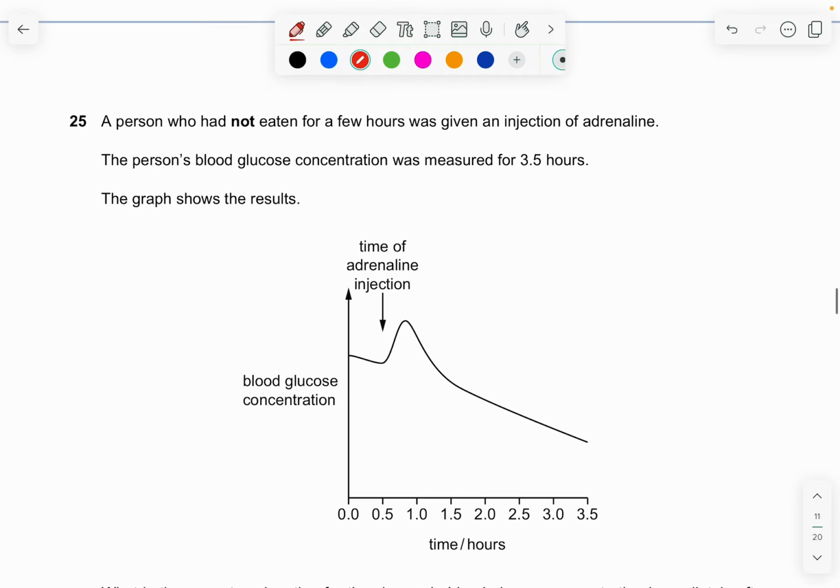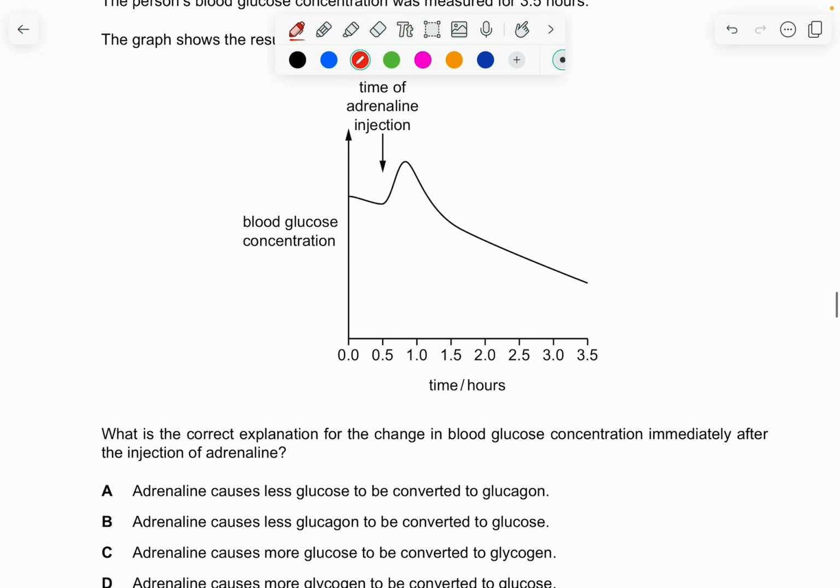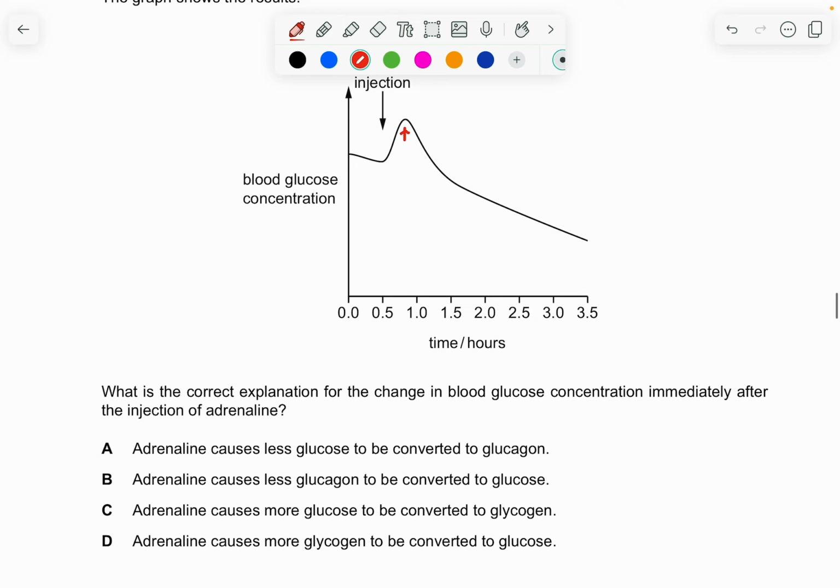Okay. Question 25. A person who had not eaten for a few hours was given an injection of adrenaline. The person's blood glucose concentration was measured for 3.5 hours. The graph shows the result. When adrenaline is added, you can see the blood glucose concentration increases and then it gradually drops. What is the correct explanation for the change in blood glucose concentration immediately after the injection of adrenaline?